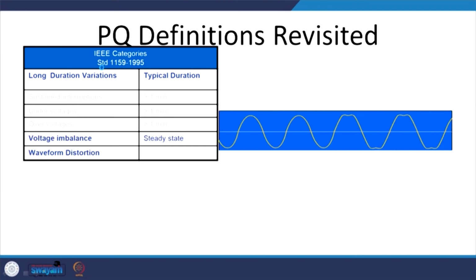Now, we shall talk about voltage unbalance in a steady state and voltage distortion. You can see that all of a sudden the voltage distortion comes. So, this is a problem. This also comes under the power quality purview, we require to remove it.